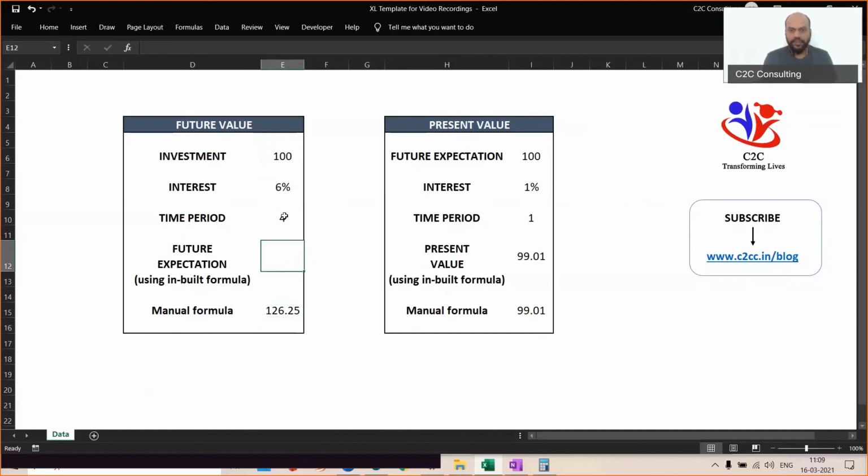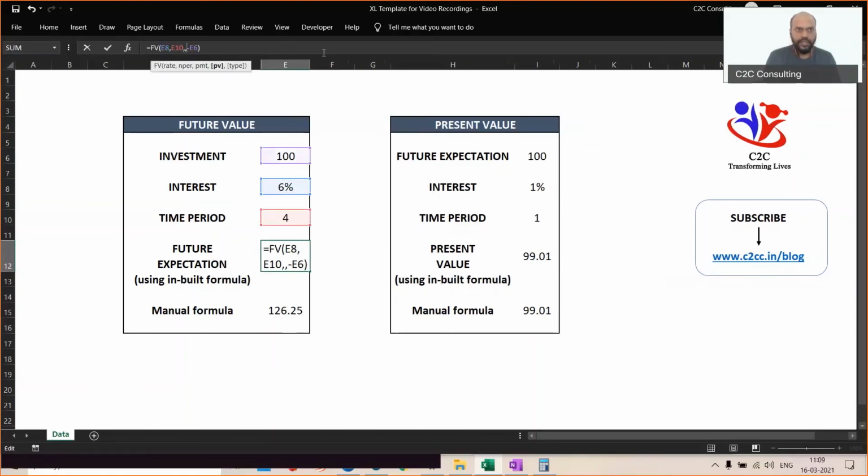In Excel, there is an inbuilt function called future value, FV. It asks first for rate, 6%, number of periods, 4. And then it asks for present value. So I'll give a comma, I'll leave the payment blank, and I'll give the present value with a minus symbol because it's going out of your pocket today. The moment I press enter, you can see it gives me 126.